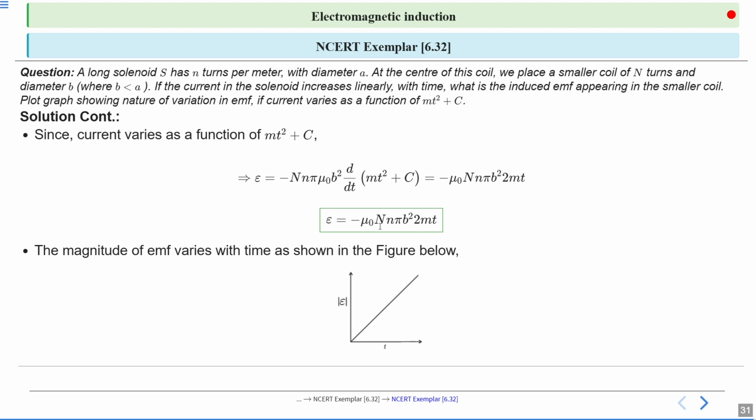Mu naught is constant, capital N is constant, small n is constant, pi is constant, b square is constant, 2 is constant, and m is also constant. So the magnitude of EMF is directly proportional to t, and the graph will be linear.